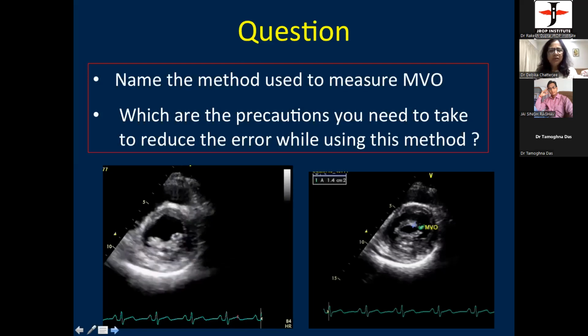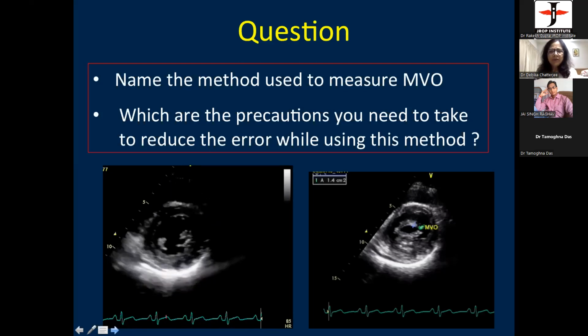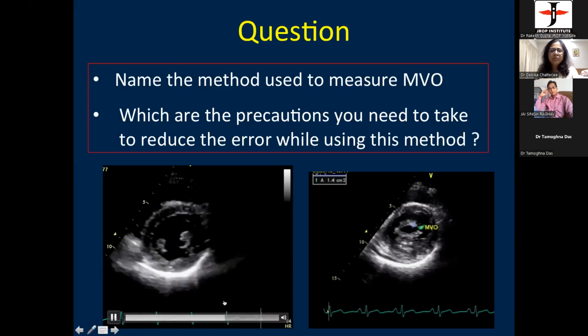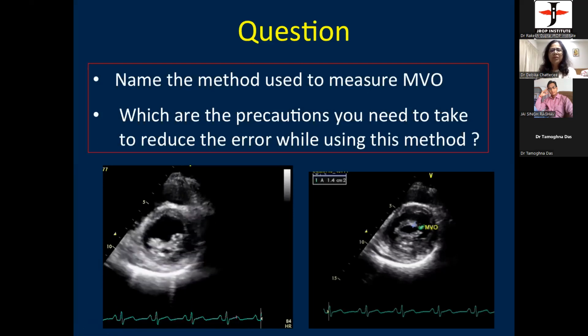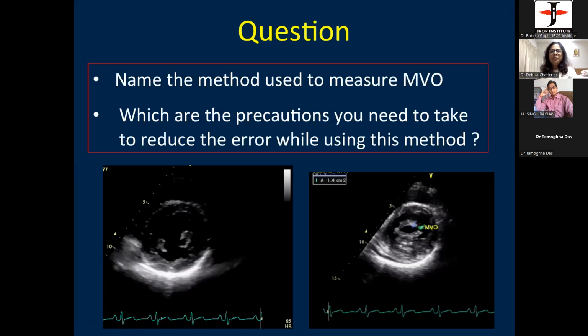Now your question is this. Name the method I have used to measure the mitral valve area. Ma'am, this method is known as planimetry. Planimetry of the mitral valve. Good. Now, what precautions do you need to take to reduce the error while using this method?